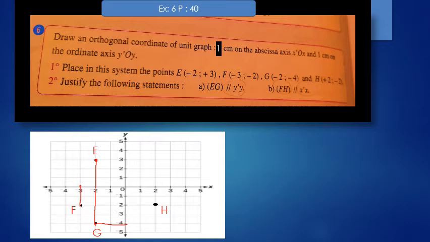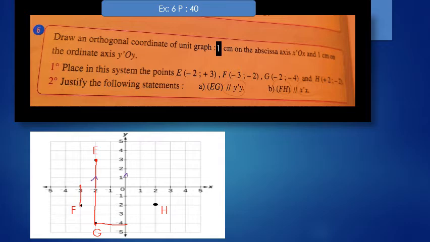Justify the following. EG is parallel to y prime y. Look honey, here you have to prove that EG is parallel to y prime y. How to prove it? As we said before, to prove that a line is parallel to y prime y, it means that the points forming this line should have the same abscissa.